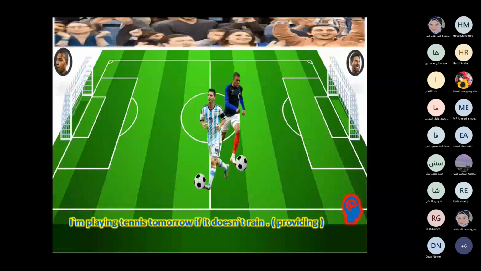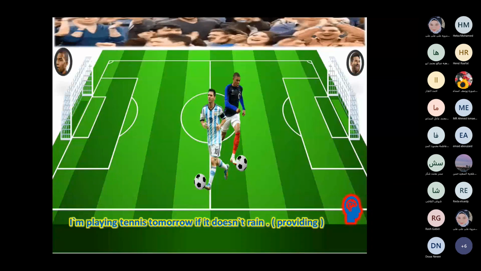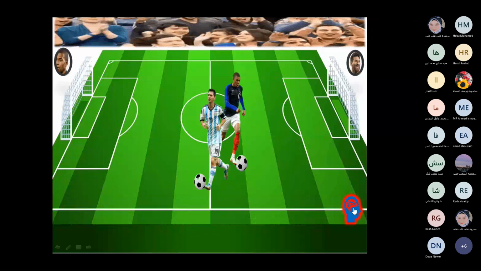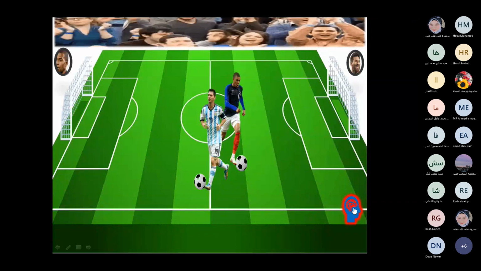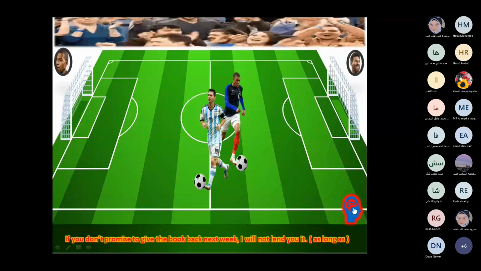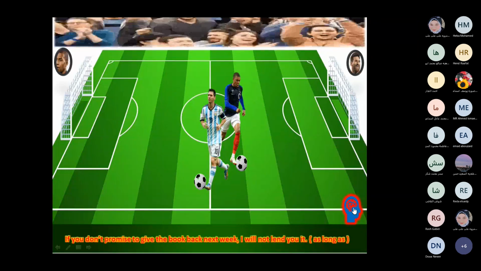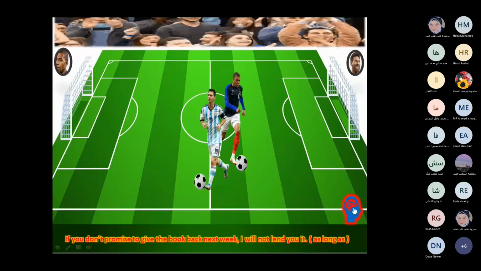I'll show you the sentence and you will provide me with the fastest correct answer. Here's the sentence.